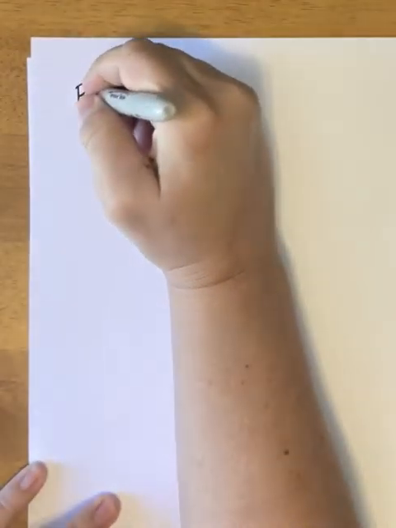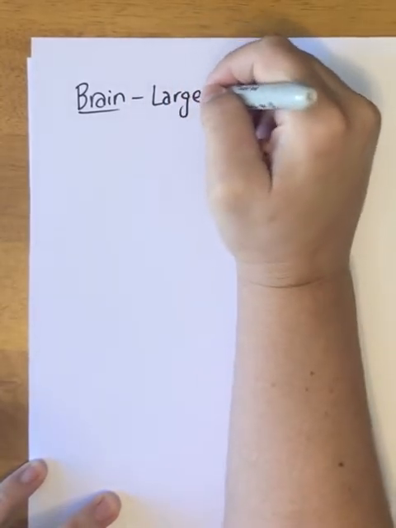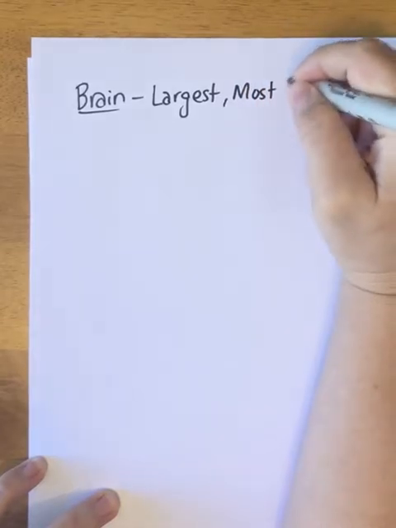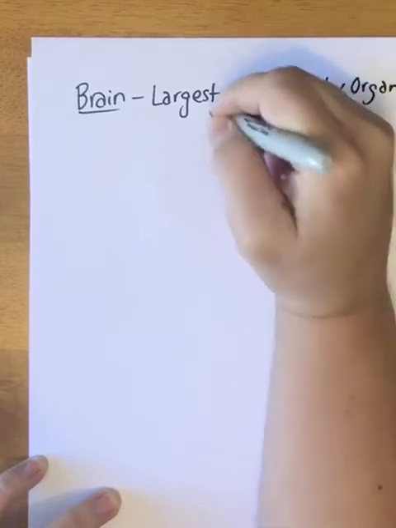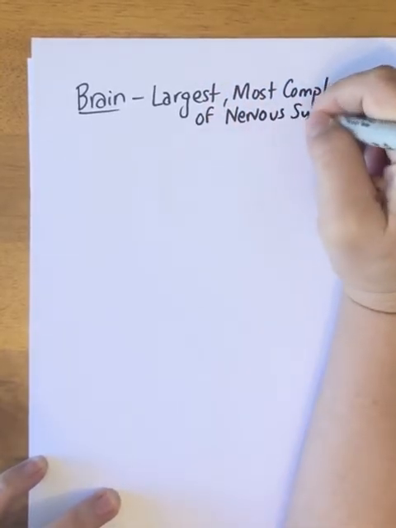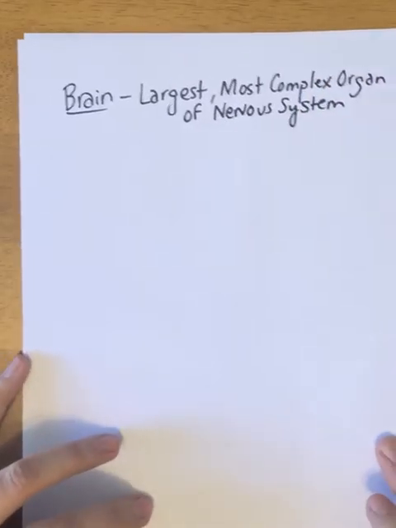All right, the brain. It's the largest, most complex organ of the nervous system.